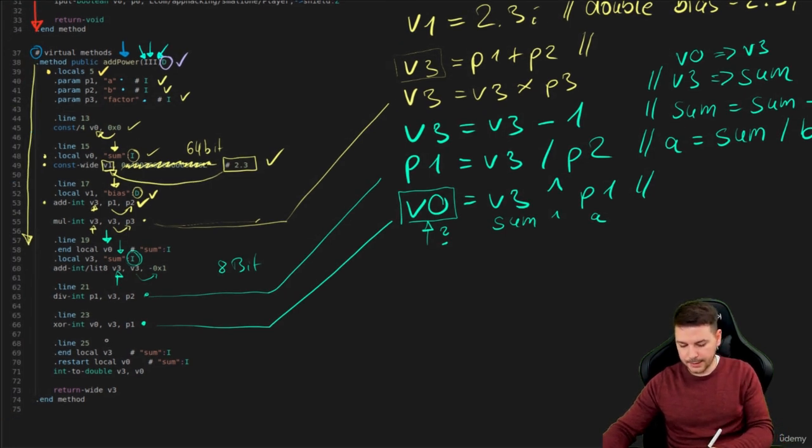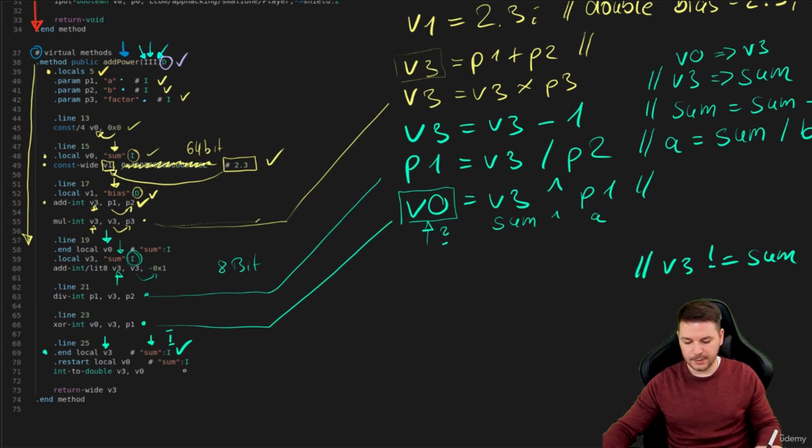Okay, yes, interesting. So now we've got end local v3. So our sum variable from type integer is now finished on the register v3. It's not anymore holding the sum. This is what this instruction does. And here we can see restart local v0 sum from type integer. So here we can see we are reusing this register v0 as the sum variable.